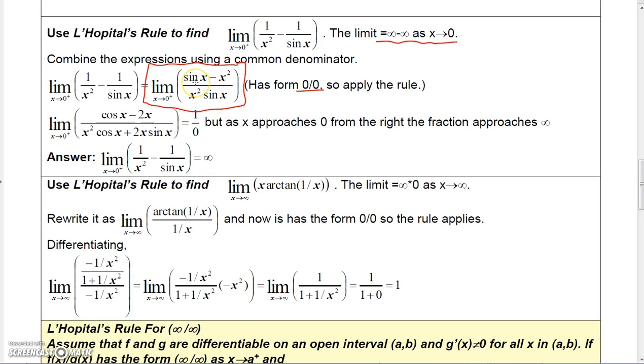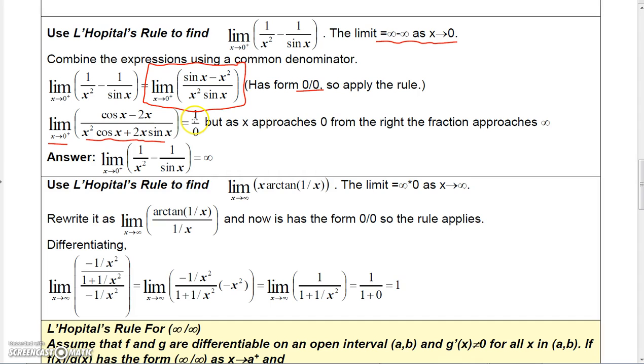Well, if you take the derivative of the top, you get cosine x minus 2x, and the derivative of the bottom, I'll let you apply the product rule for x squared sine x. It's going to give me x squared cosine x plus 2x sine x. And so then if you let x go to 0 from the right, the top's going to actually go to 1, so you're going to have 1 in the numerator, but the bottom's going to go to 0 through positive values.